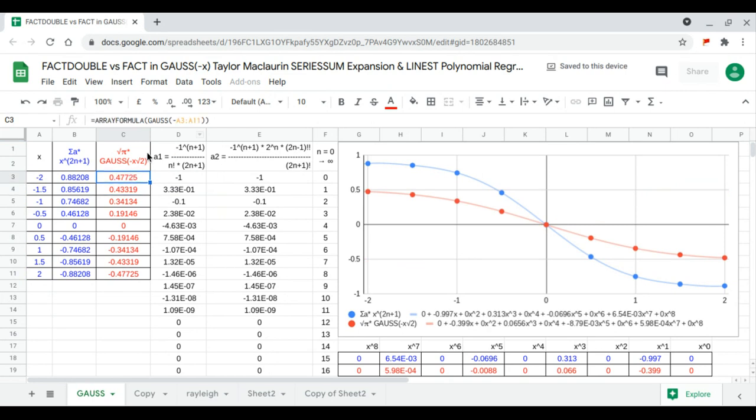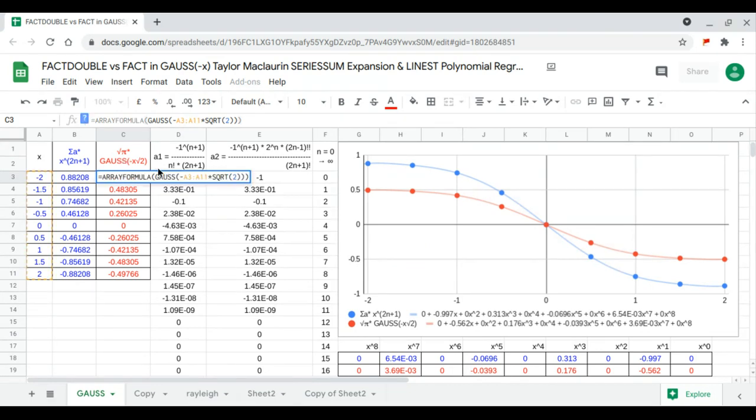Then there is a square root of 2. So x is multiplied by square root of 2. Next, the Gauss function is multiplied by square root of pi. So times square root of pi. And enter.